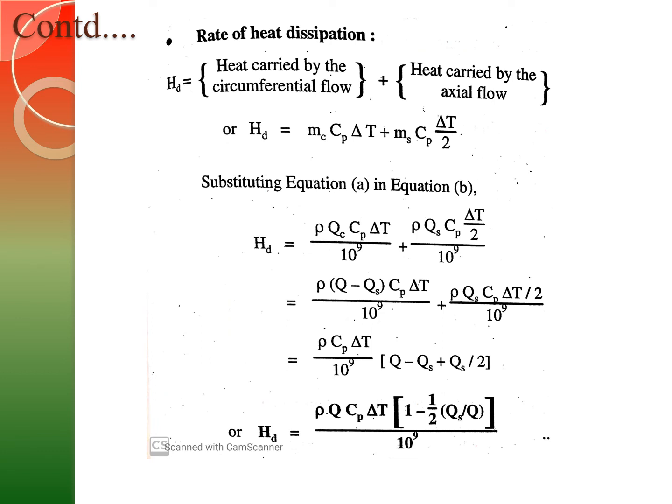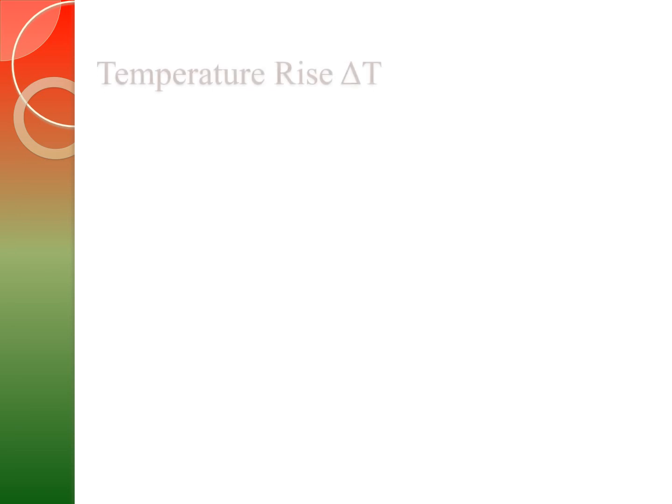So rate of heat dissipation Hd is equal to, it combines both heat carried by the circumferential flow and heat carried by the axial flow. So it is mc cp delta T plus ms cp delta T by 2. So substituting the equation and rearranging terms, you will get the equation for the rate of heat dissipation.